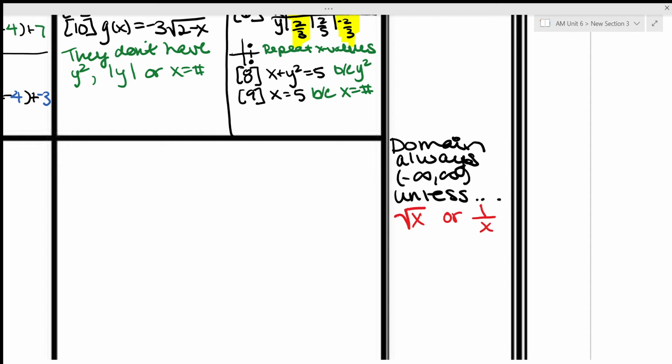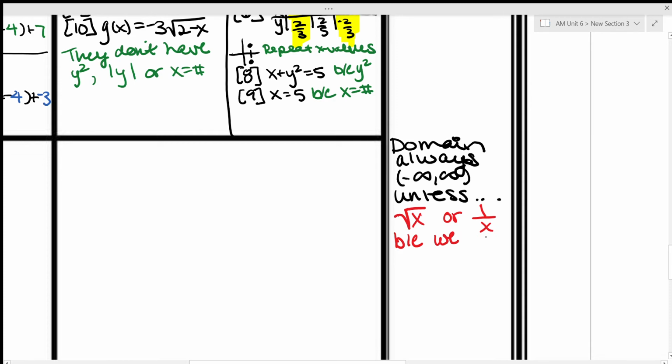What can you not square root? Negatives. You can't square root negatives. And what can you not divide by? Zero. I'm going to put it in the positive.